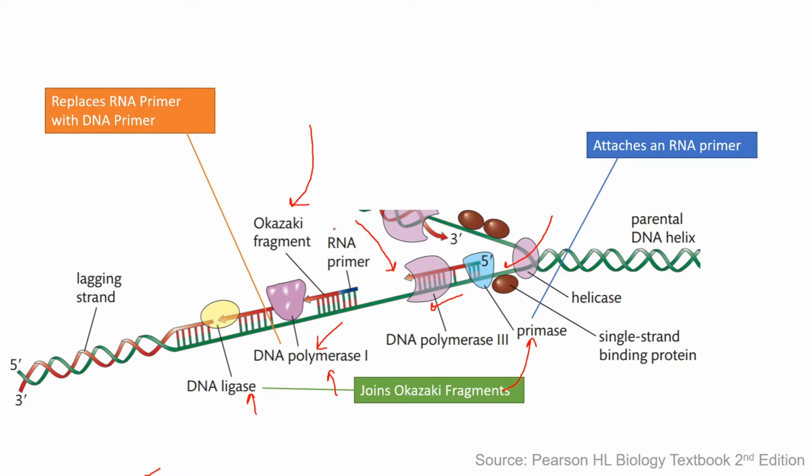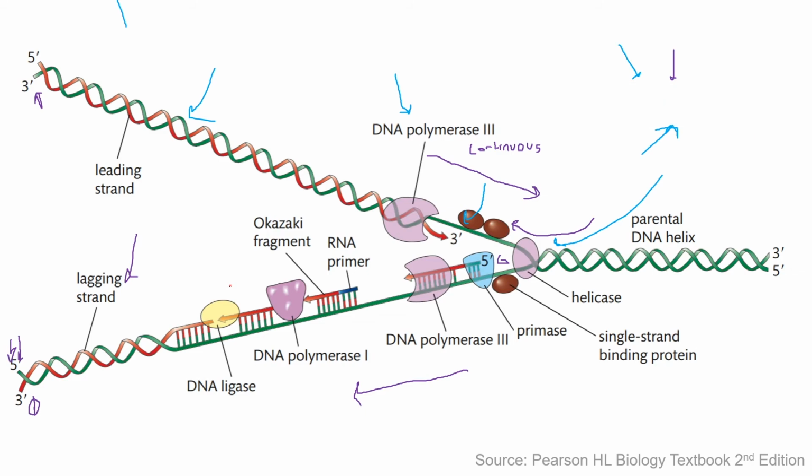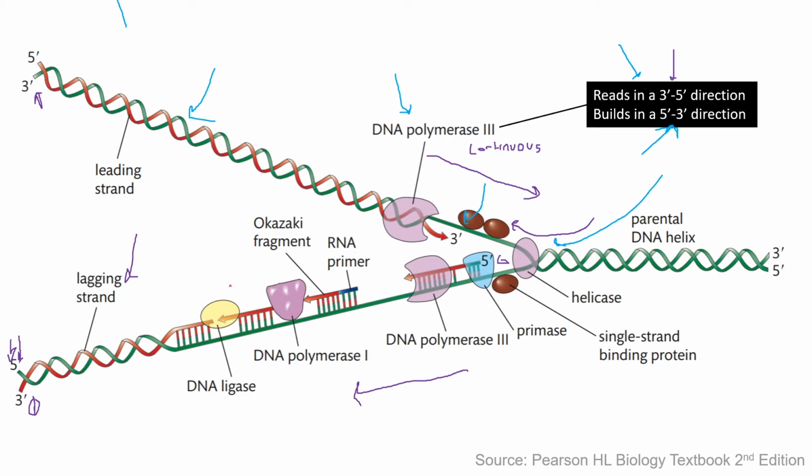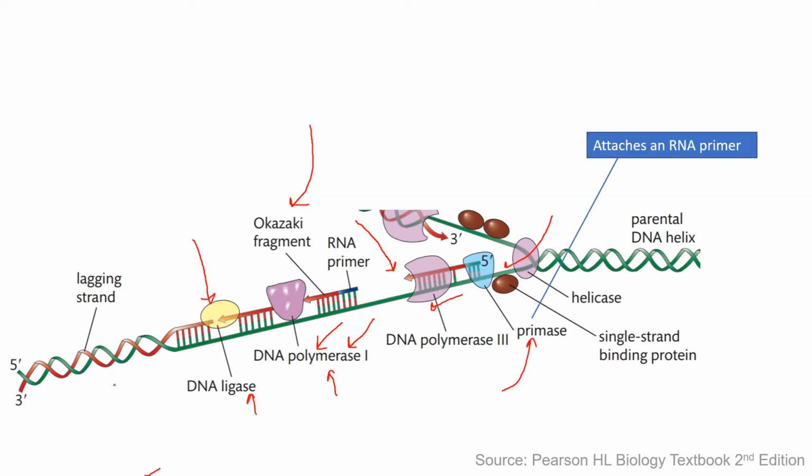Following that, the RNA primers are replaced with DNA primers by DNA polymerase 1. And then these Okazaki fragments are now joined together by DNA ligase. And then from the entire process, we end up with 2 strands of double-stranded DNA replicated semi-conservatively.